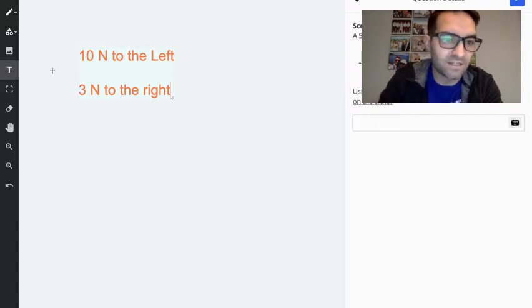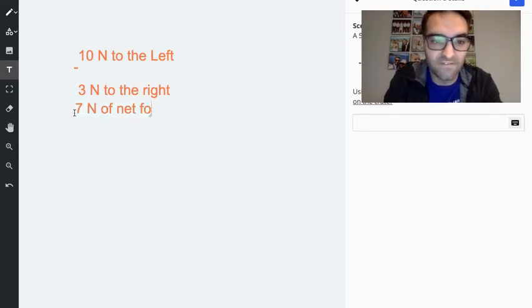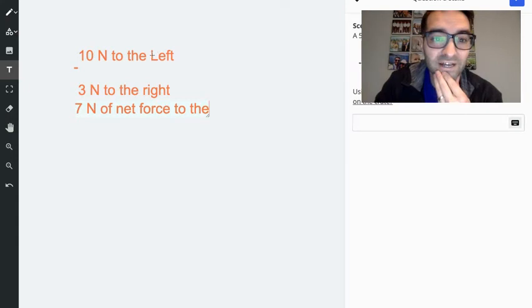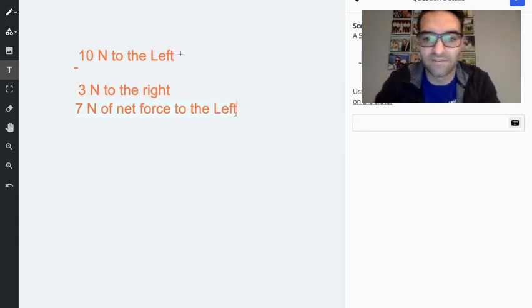So then I can do 10 minus 3, which will give me 7 newtons of net force to the, which direction had more? Left.